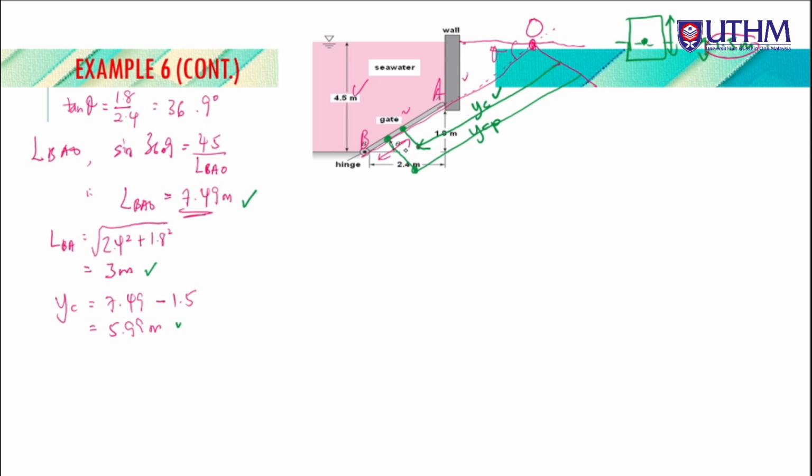Okay, so kita dah dapat YC, and next actually kita boleh dapatkan value of resultant force. Okay, so macam kita tahu resultant force kat mana, yang dikenakan ke atas position yang mana center of pressure. Okay, so based on rumus FR equals to rho G YC sin theta A kan.